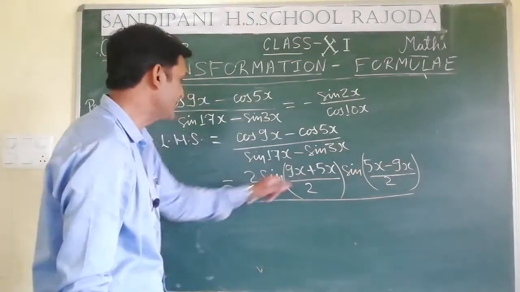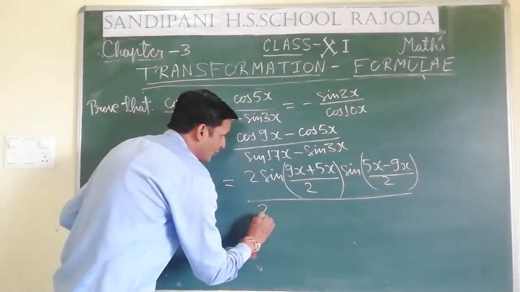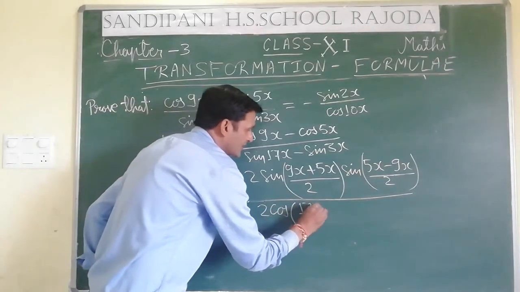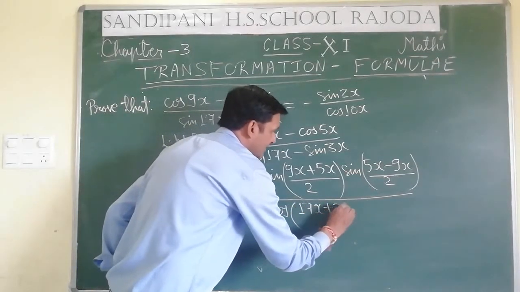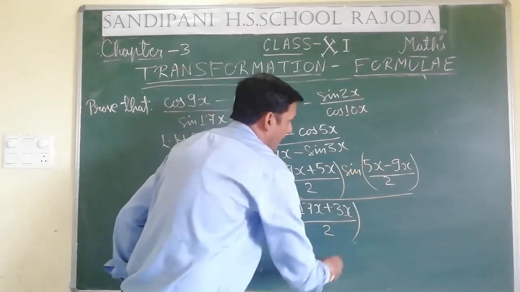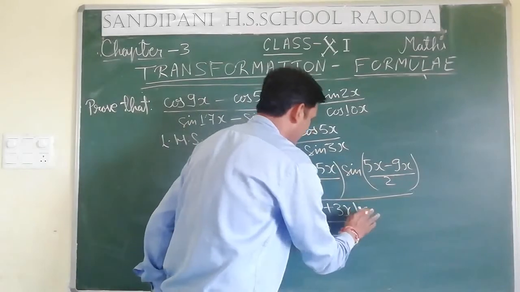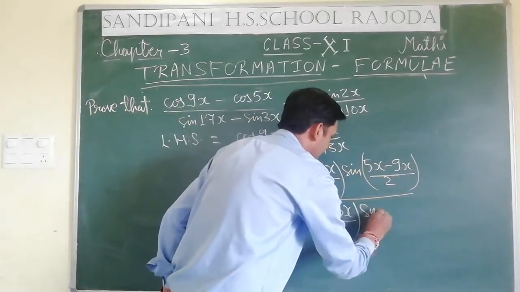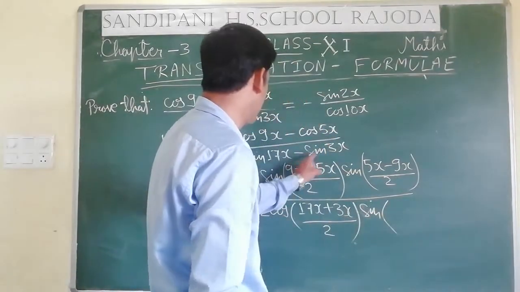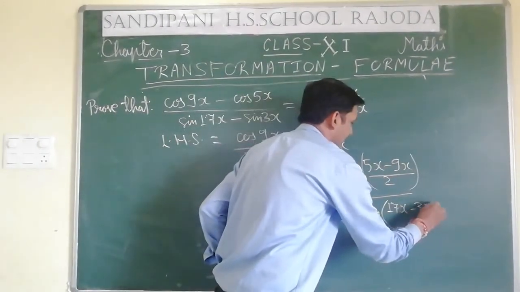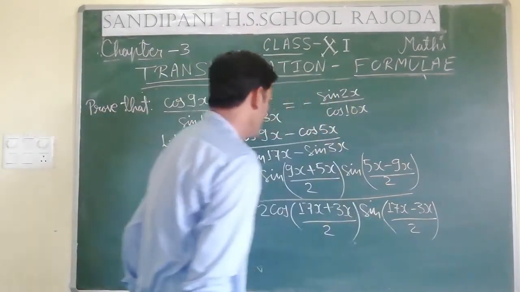And here it is sin C minus sin D, which is equal to 2 cos C plus D by 2, 17x plus 3x by 2, and sin C minus D by 2, that is 17x minus 3x by 2.